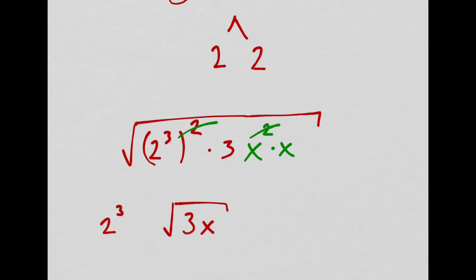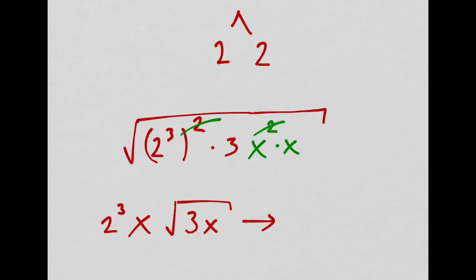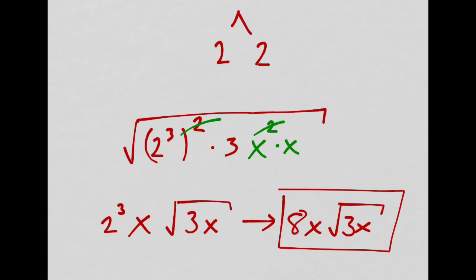And then remember, this cancels out and this goes on the outside. And so that's my answer, except for 2 to the third, that's 2 times 2 times 2, that's just 8. So it's 8x times the square root of 3x. So that's the answer there.